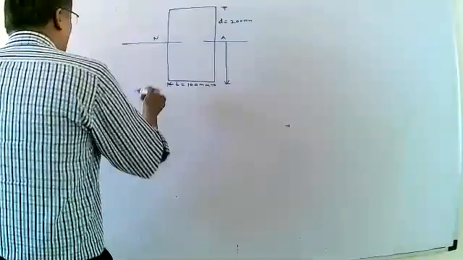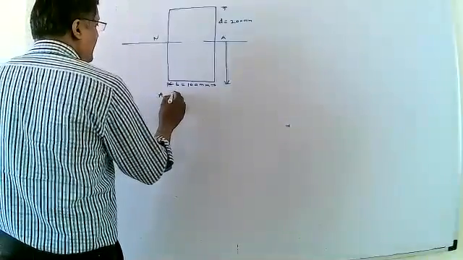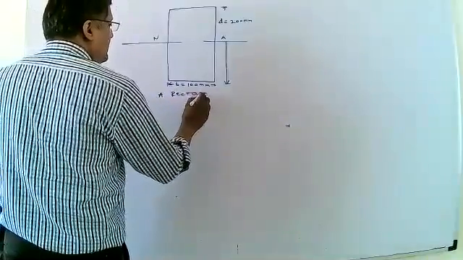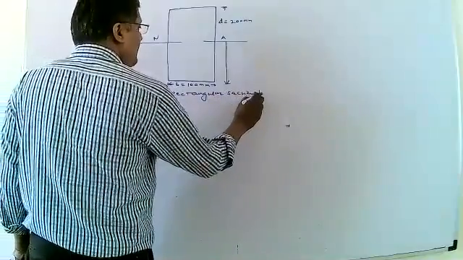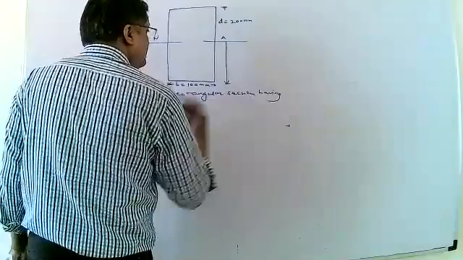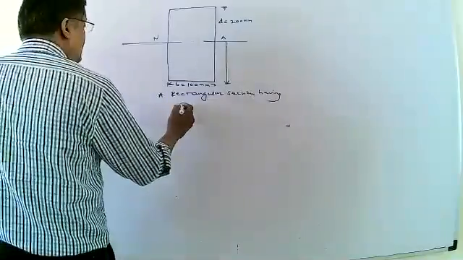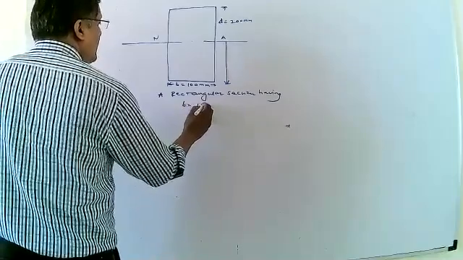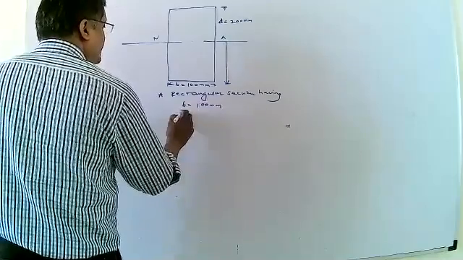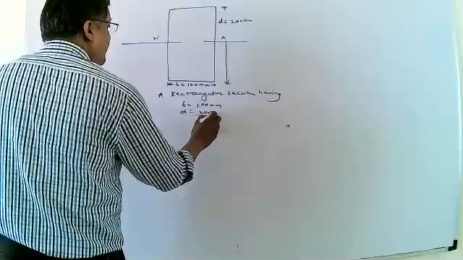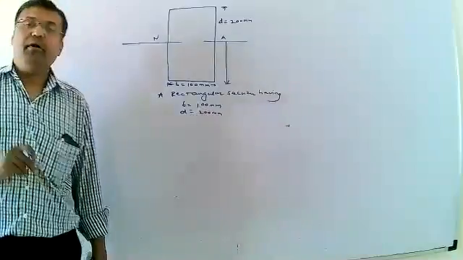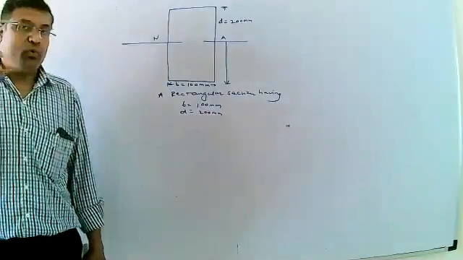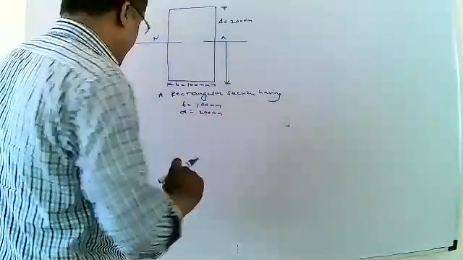Here, a rectangular section having width b given as 100 mm and depth d given as 200 mm.